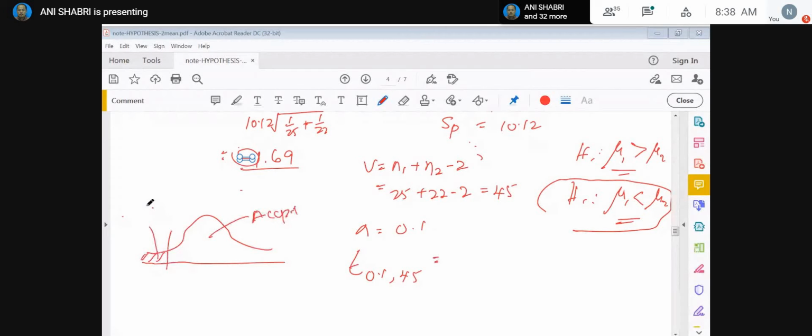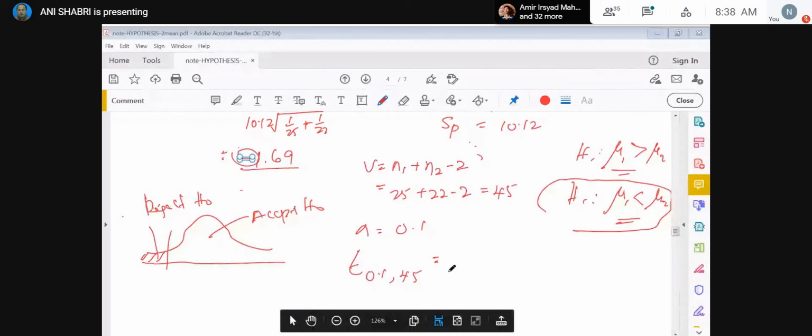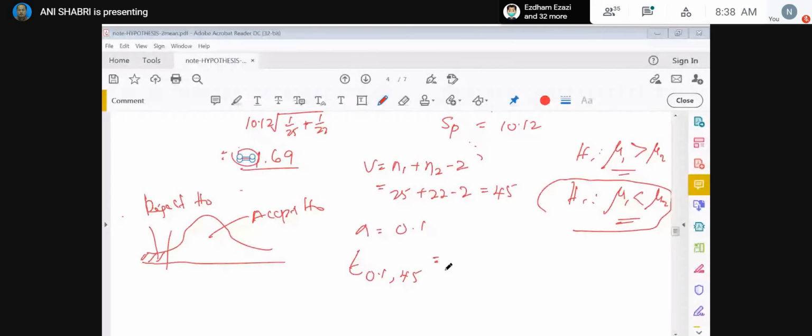Okay, berapa nilai dia? This one T 0.1, 45. And look at T distribution. Alpha 0.1, V 45. Ada tak nilai dia 45? Kita gunakan infinity lah. 45 gunakan infinity.